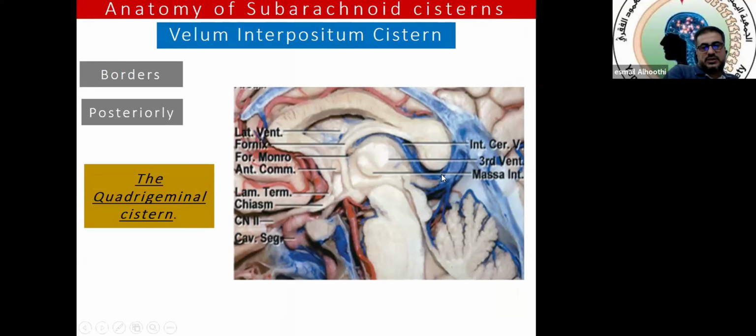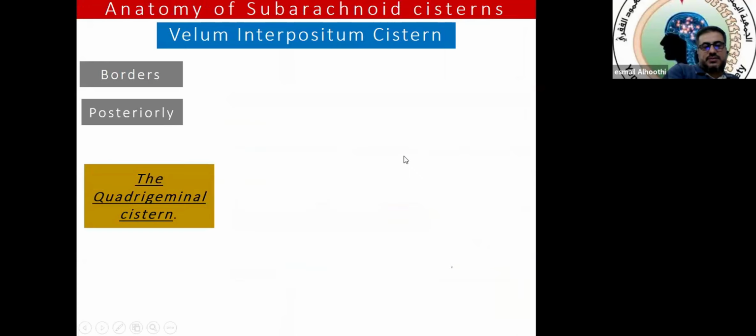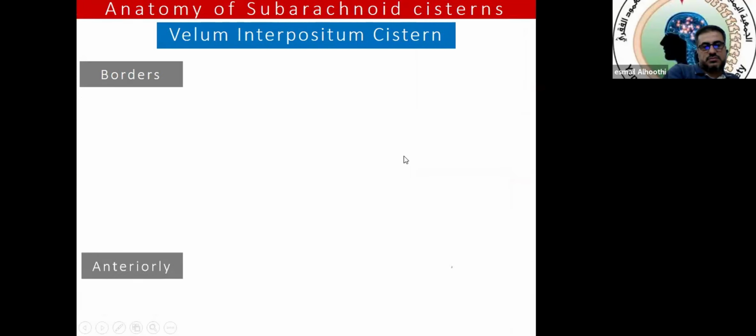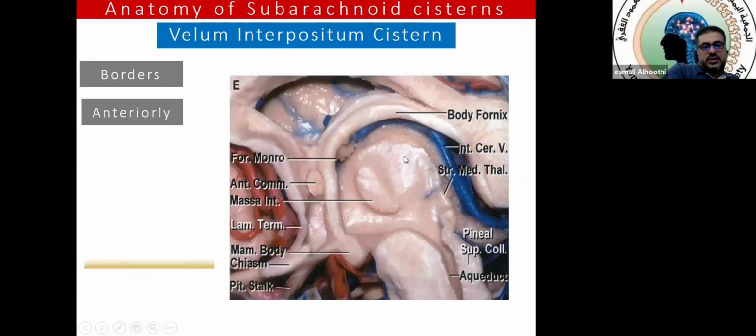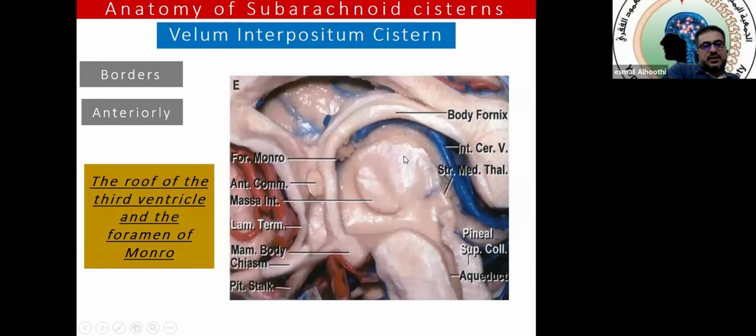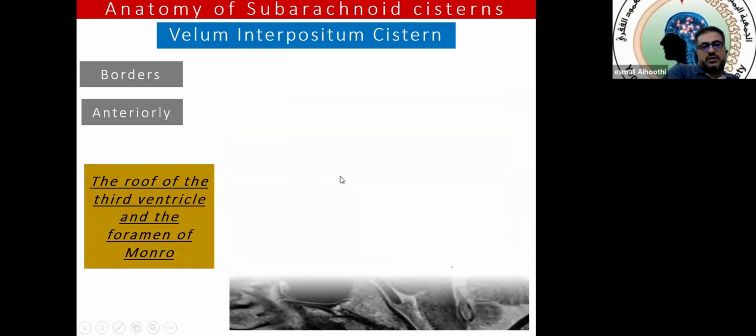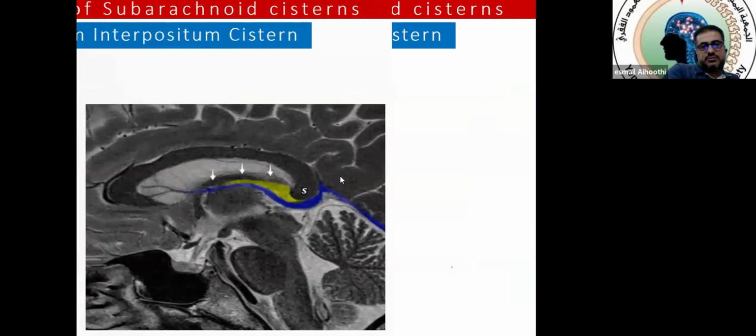Here is the quadrigeminal cistern. It communicates with the velum interpositum cistern. Anteriorly, the foramen of Monroe makes the anterior border of the velum interpositum cistern.